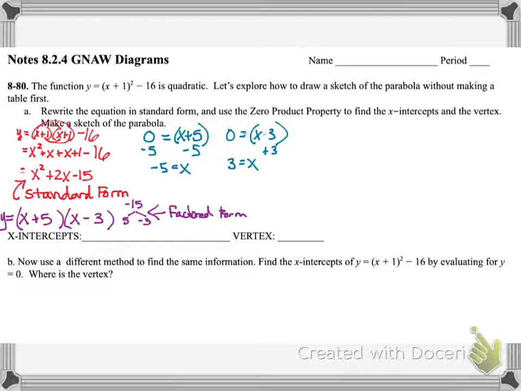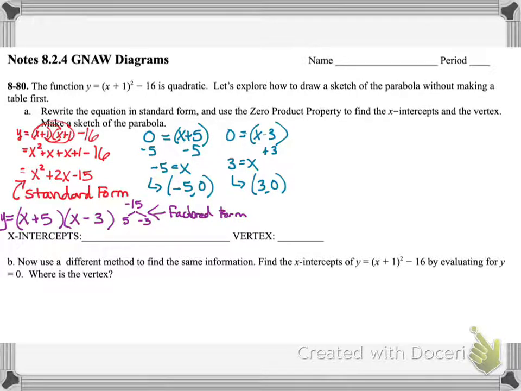So here it says use my zero product property to find my x-intercepts. So those are going to be the 2 points, negative 5, 0, because if it's an x-intercept, the y has to be 0, and 3, 0. The last part asks us to find our vertex.